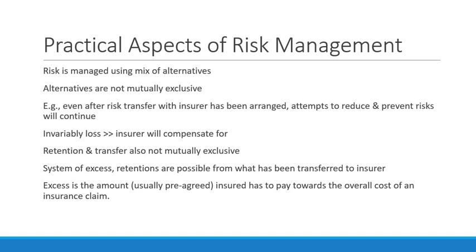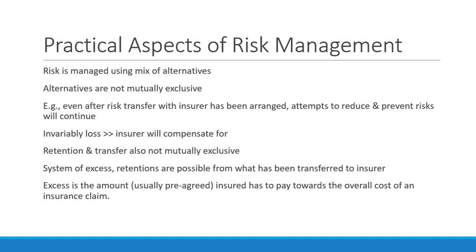Now we deal with the practical aspects of risk management. Risks are managed using a mix of all these four alternatives. None of the alternatives are mutually exclusive. For example, attempts to reduce and prevent risk will continue to occur even after transfer of risks has been arranged.